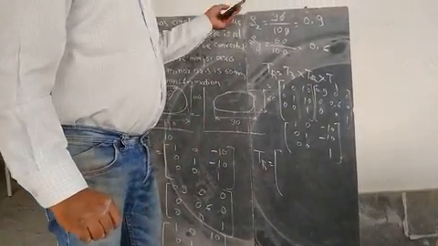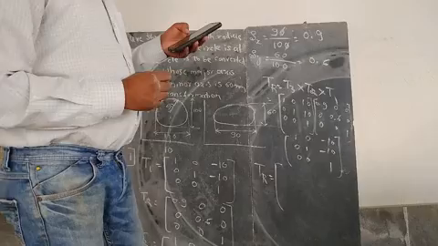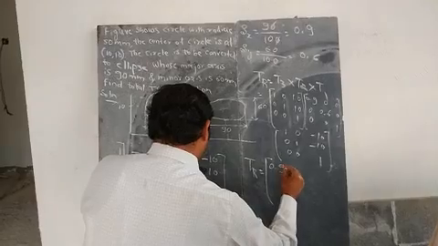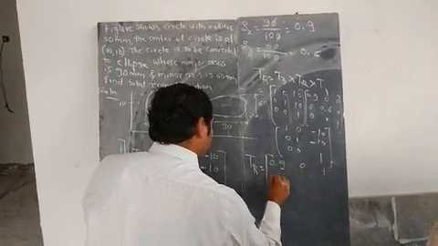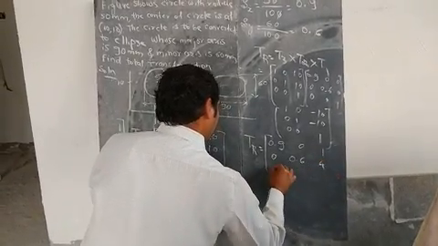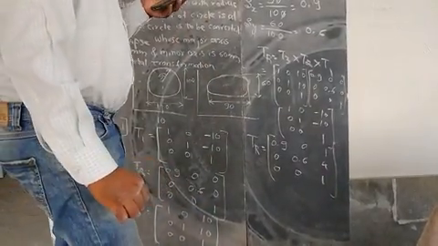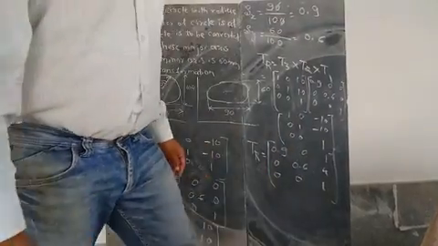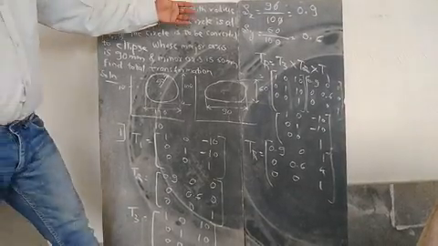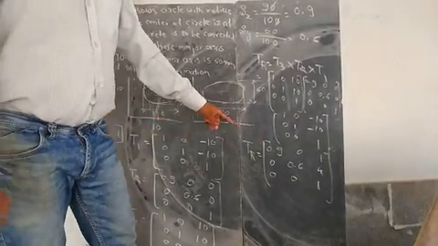So the resultant transformation matrix is this one. Here I don't have any coordinate points to multiply with the resultant transformation matrix, so keep it as it is. This is the answer for your problem.